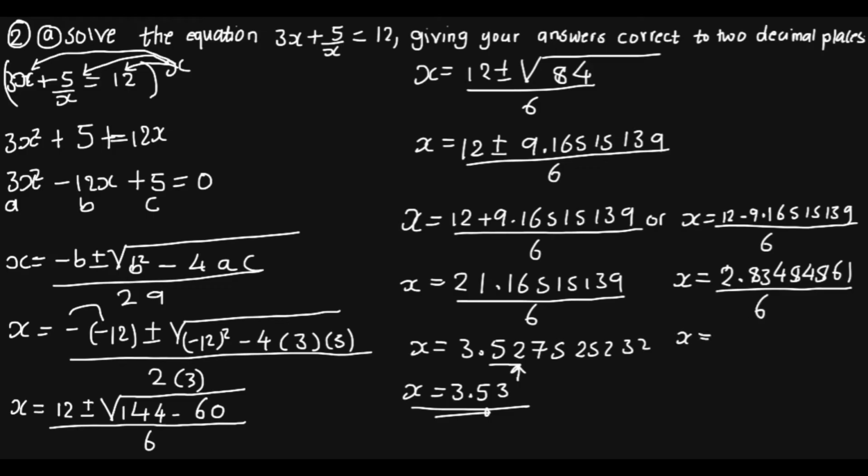We divide by 6 and get 0.47247468. Then our final answer needs two decimal places, so it's 0.47. Our 7 will not change since the number after 7 is less than 5.